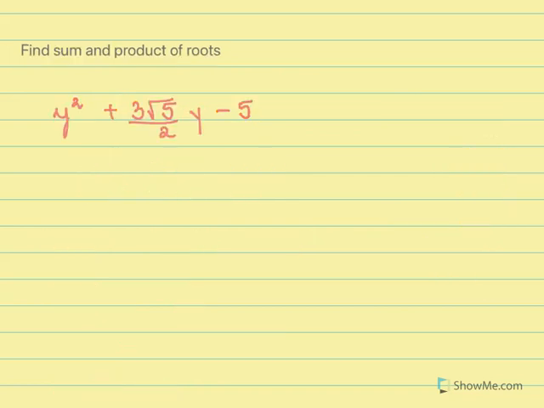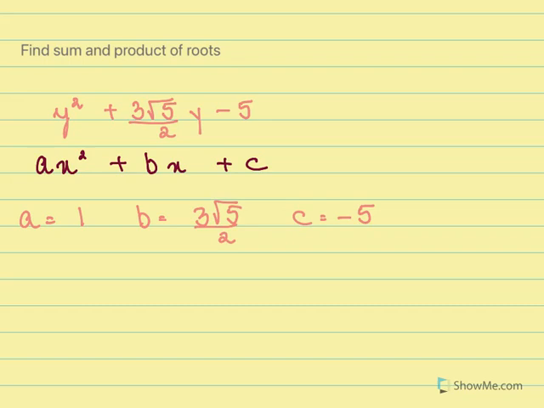Here again we need to find sum and product. So first we need to find our coefficients a, b, c. Comparing it with the standard equation, we see a equal to 1, b equal to 3 under root 5 over 2, and c is minus 5. The sum of roots alpha plus beta is minus b by a.